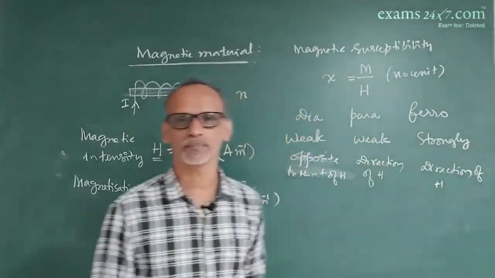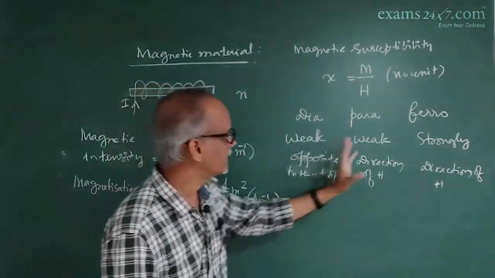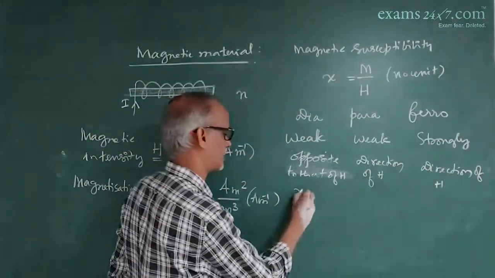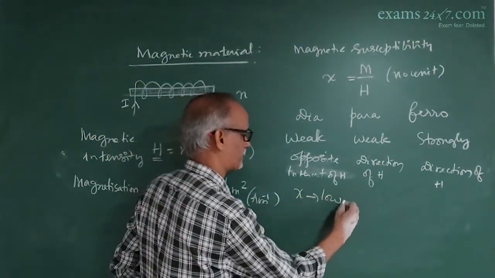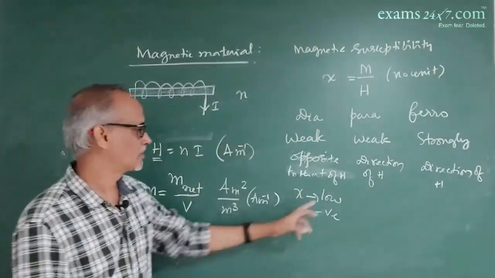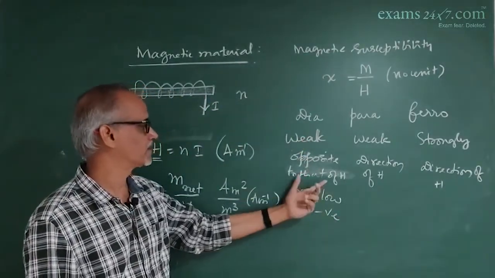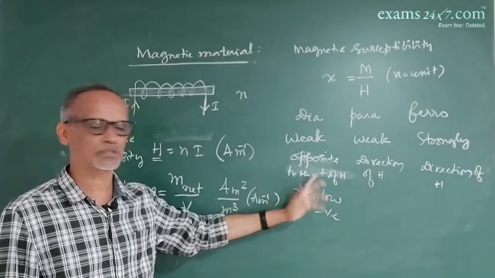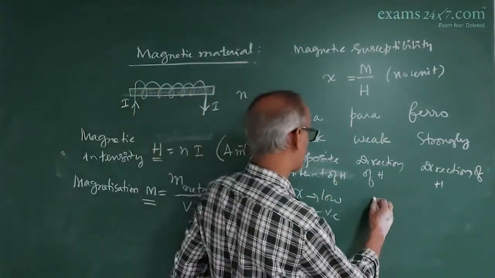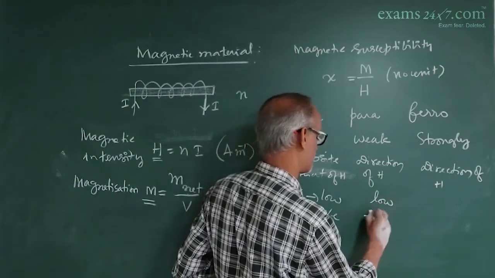other is strongly magnetized. And for these three materials, the susceptibility chi is low and negative for diamagnetic substance. Low because it's weakly magnetized, negative because it is magnetized in a direction opposite to that of H. For paramagnetic substance, it's low and positive.